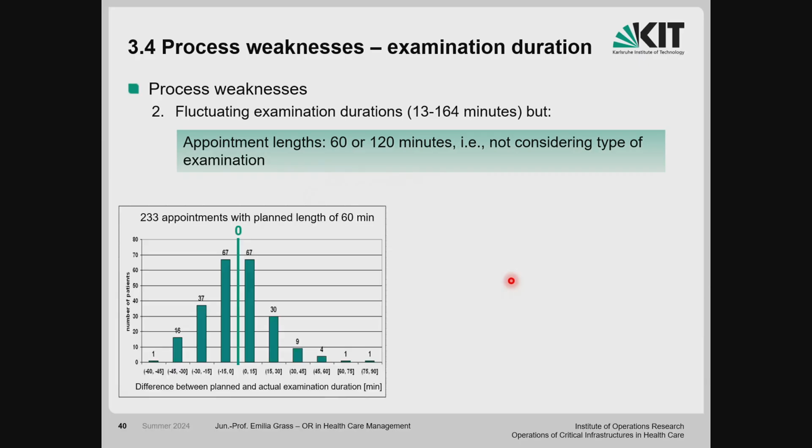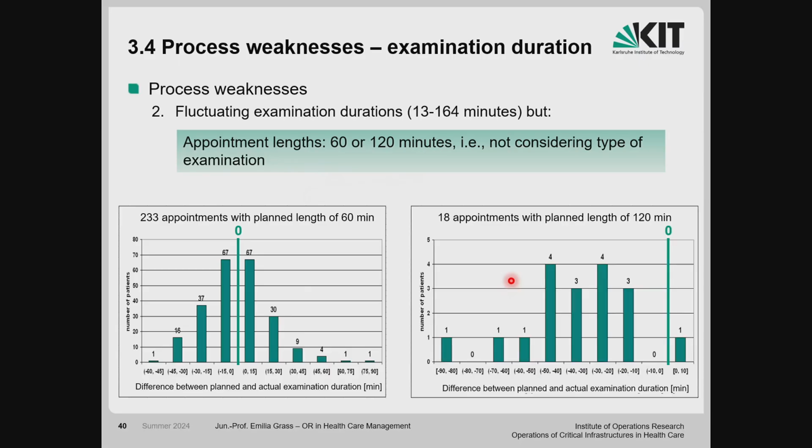And what we've seen here is that there are no patients really needing 60 hours. You can see rather a T distribution, I would say. So the majority is less than 60 hours. So then the question, why assign a 60 minute slot if the duration times are less?